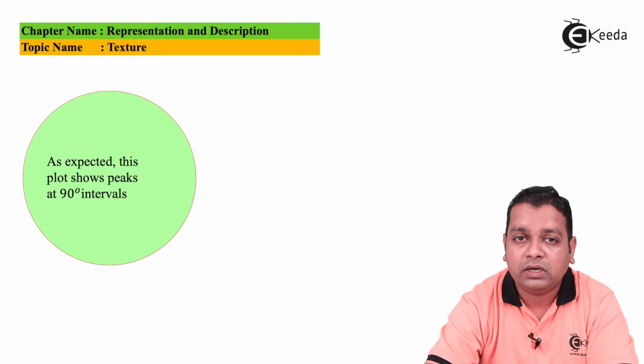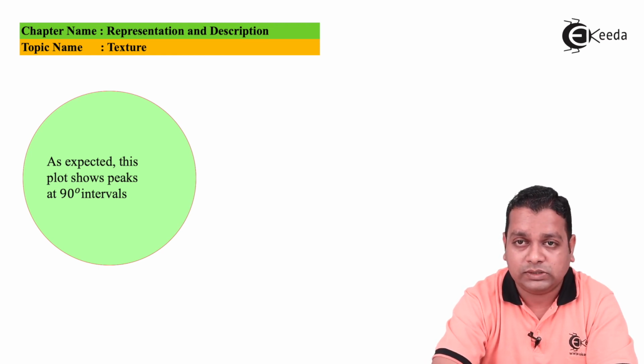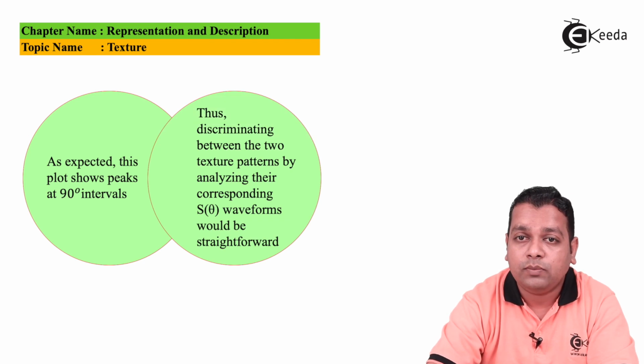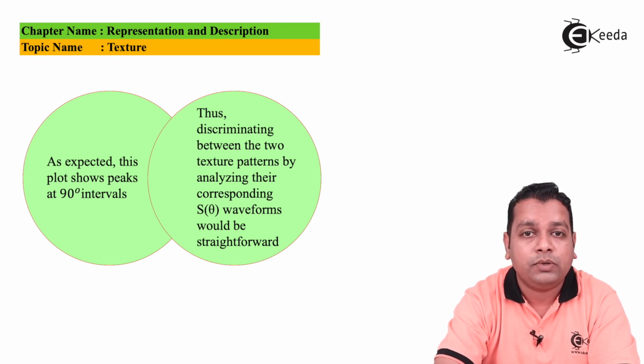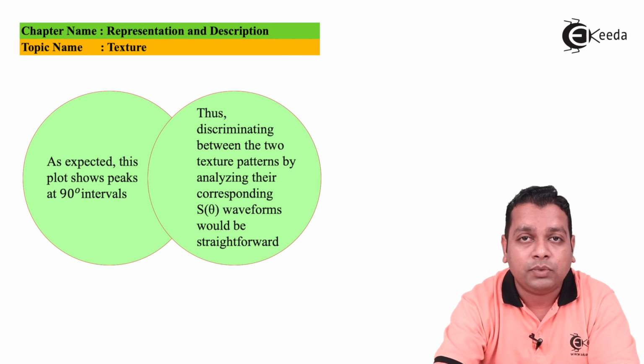As expected, this plot shows peaks at 90 degree intervals. So discriminating between the two texture patterns by analyzing their corresponding S(theta) waveforms would be a straightforward approach.